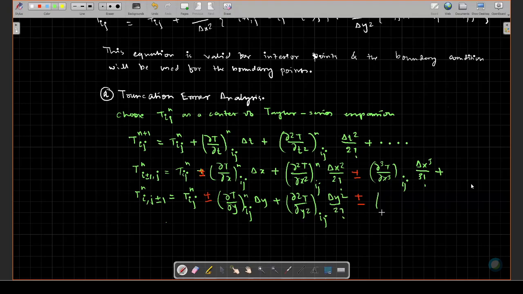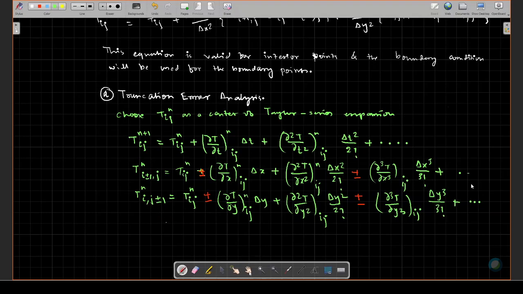And again, del 3 T by del y 3 at ij times delta y cube by 3 factorial, another term. So likewise you have to get.